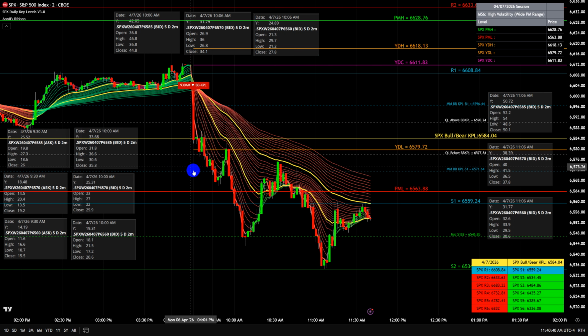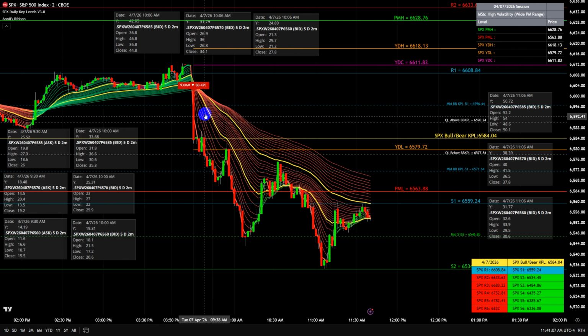If this was the exact opposite, and this was instead a close above the BBKPL, you would be seeing a green label here, and we would be looking at a bullish trade entry signal given by the Daily Key Levels V3.0 indicator. We're also using our free tool from TradingView, which is Annie's Ribbon, a moving average ribbon comprised of many different moving averages.